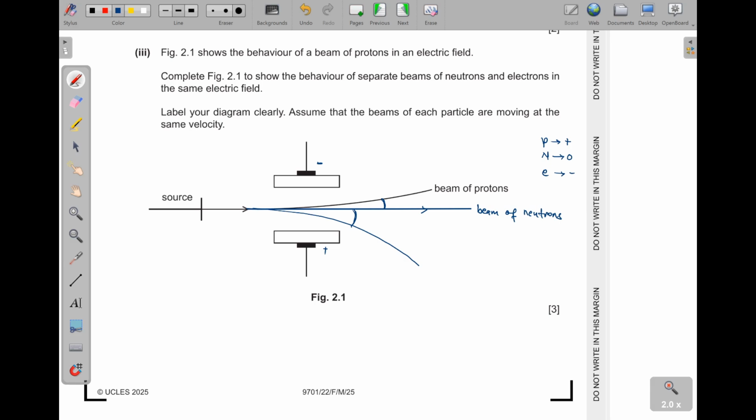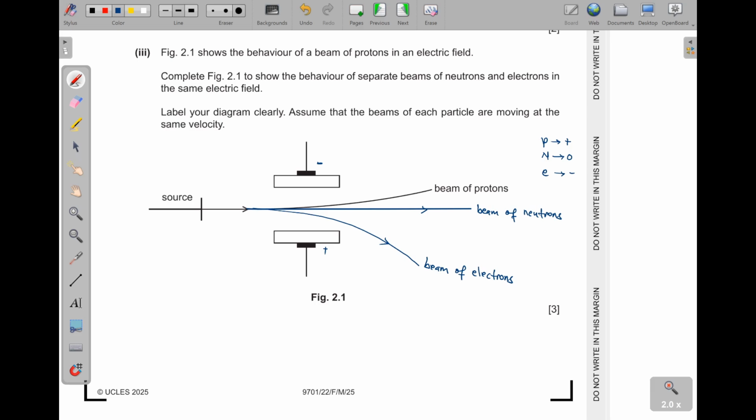So the electrons are going to be deflected much more than the protons. In your bending here, you have to make sure that you show that of electrons being deflected much more than the one of protons. So beam of electrons.